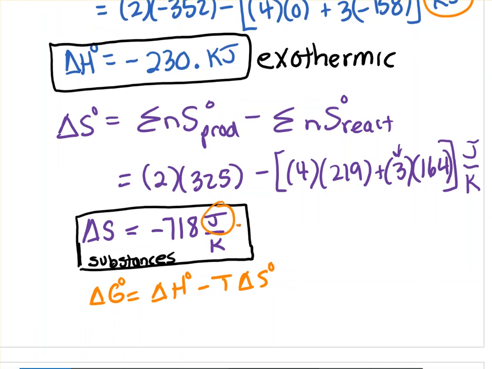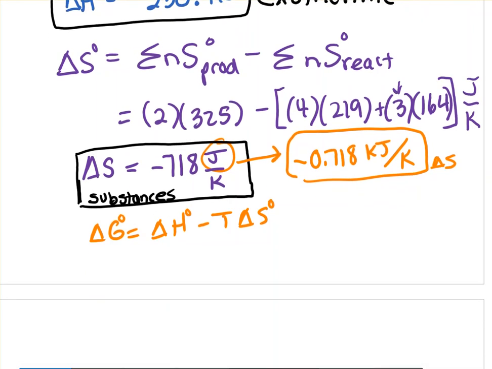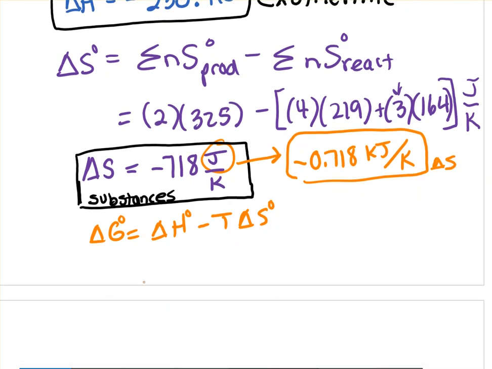So it's a good idea that once you get this, let's just go ahead and convert that to kilojoules per K. Okay, before we plug in, because we need that to match.